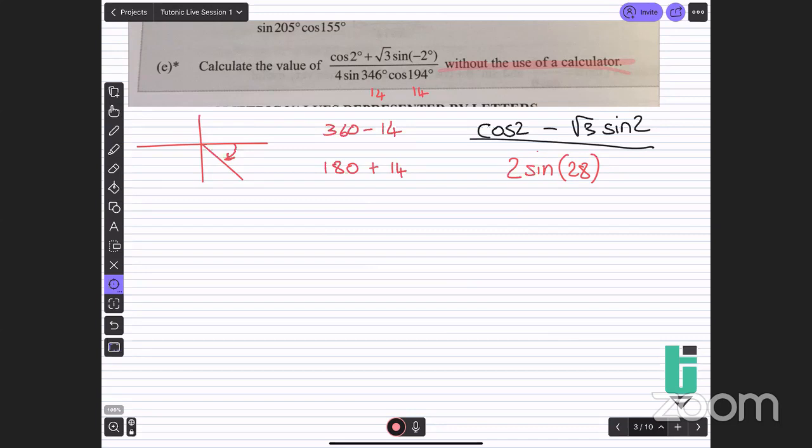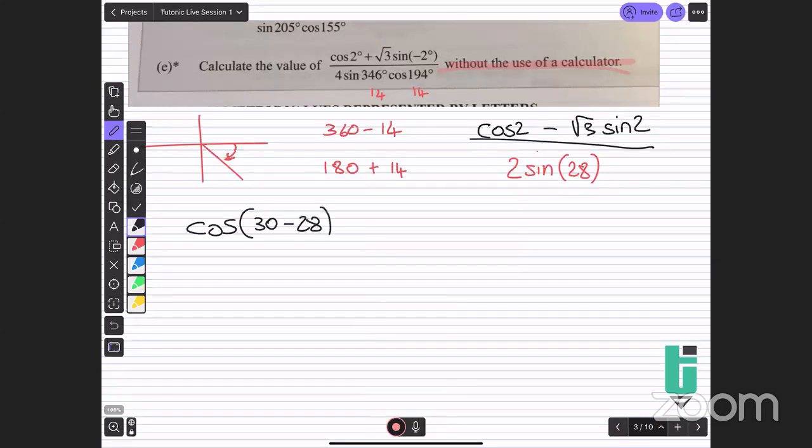So let's rewrite that. Cos of 30 minus 28, and minus root 3 times sine of 30 minus 28. Isn't that a compound angle? Do you guys agree?